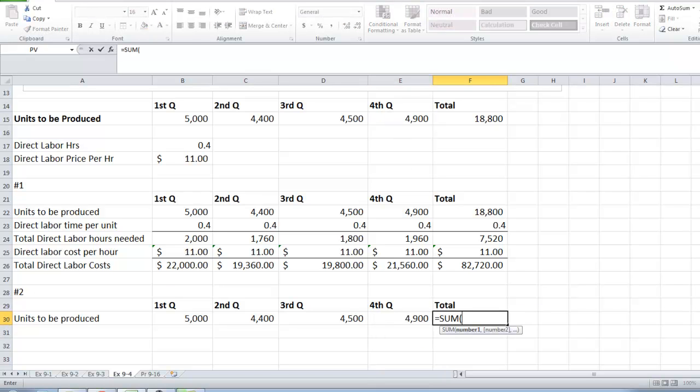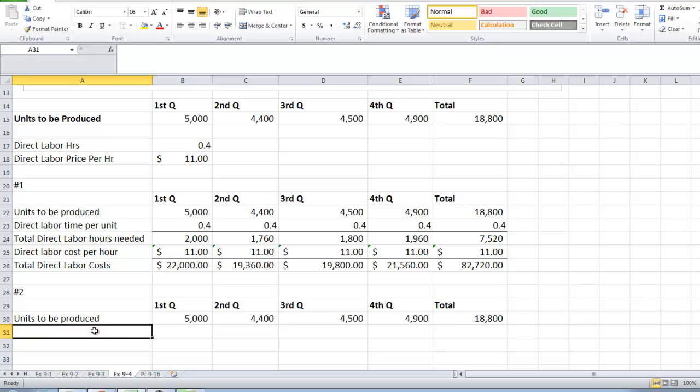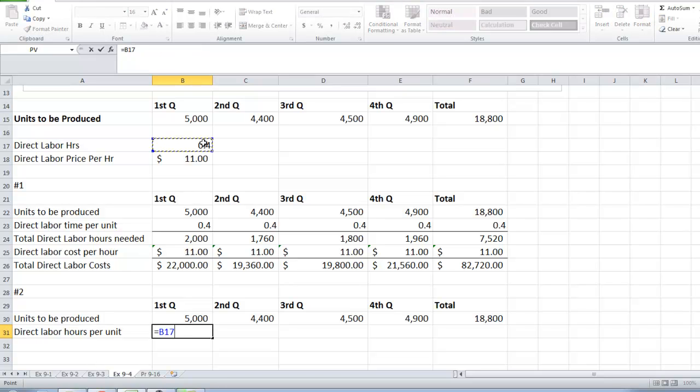And then it's also not going to change the time needed. It's really only going to change cost. Hours needed per unit. And it's 0.4. Remember, and we hit F4 to drag that across the whole way.